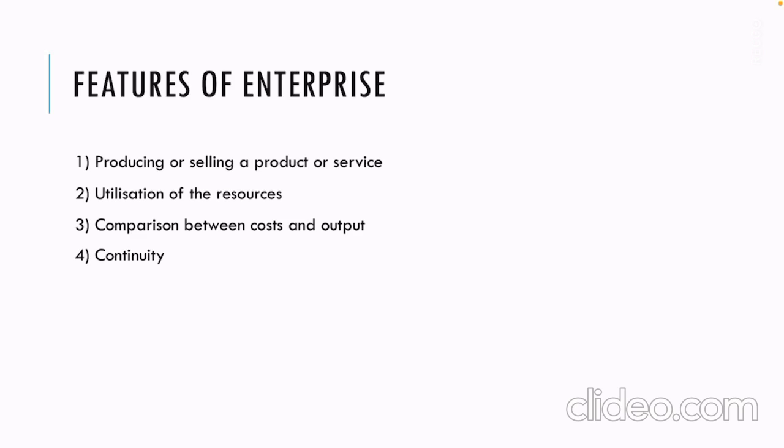All enterprises compare the cost incurred to produce the selected product with what they gain or earn from its output or final product. That is, it compares the money invested to produce the product and the profit it gains from selling the final product in the market. Next is continuity. An enterprise is an ongoing entity because it is not a single product producer but rather a continuous effort to produce in bulk.